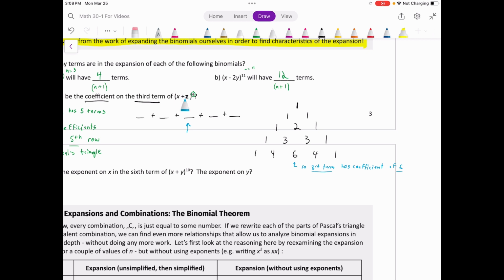And then 2z to the power of 4, well, 2 to the power of 4 gives us that 16 term. So it can be more complicated than just these, but it will still always contain these. We'll do a deeper dive on that as we go. But this one, it really will. The third term will have a coefficient of 6.